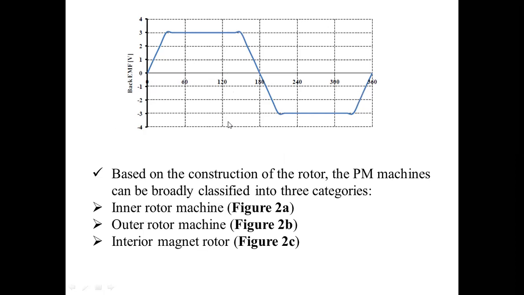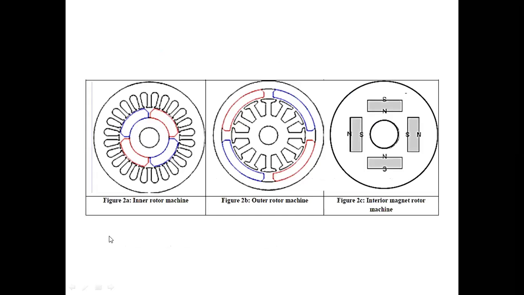And next comes the classification of the permanent magnet machines based on the rotors. This is the picture which shows the classification: inner rotor machine, outer rotor machine, and interior magnet rotor machine.